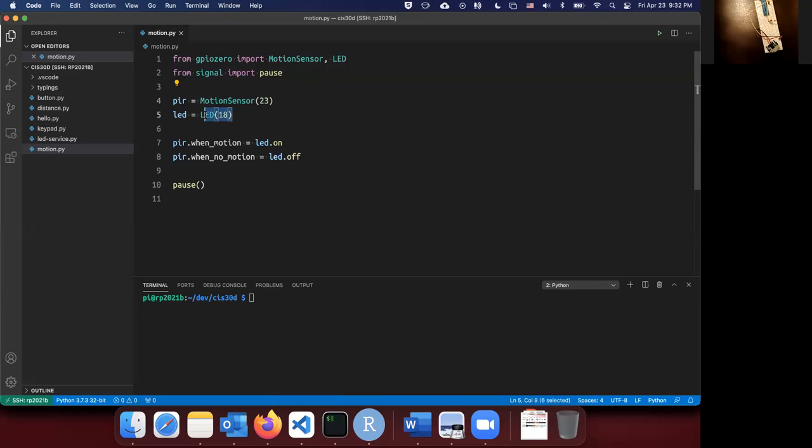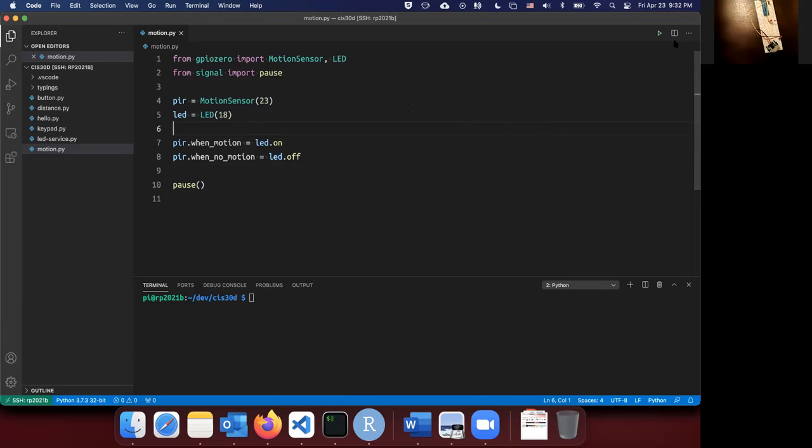And I also have the LED that's still on the breadboard, and I continue to use GPIO 18. When there is a motion, we turn on the LED, and when the motion stops, we turn it off. So it's that simple. And as usual, you can pass in your custom function and do whatever you need to do. This is for demonstration, so we're just going to have the LED turn on or off.